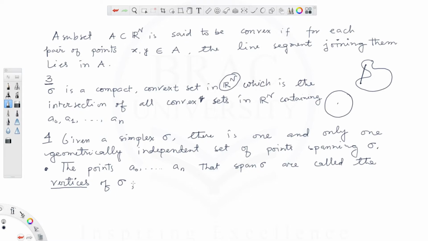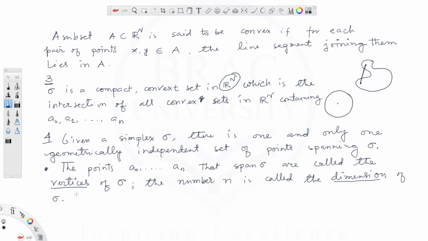The number n is called the dimension of the simplex sigma.